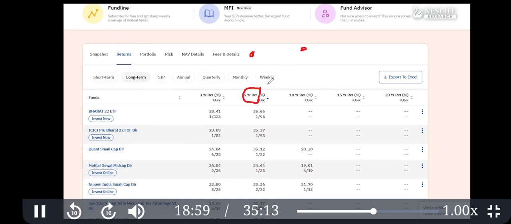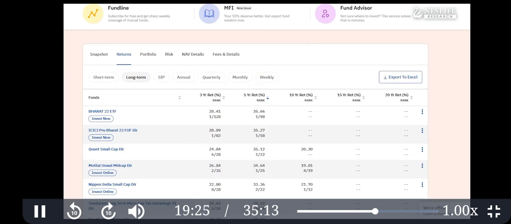In trailing return, you select only the ending date. Ending date is today's date, and automatically the software will take the previous 5 years. So this is the 5 year CAGR return from today backward.